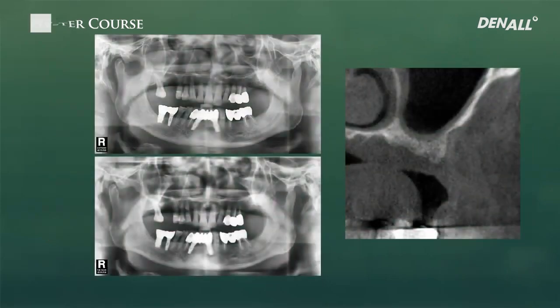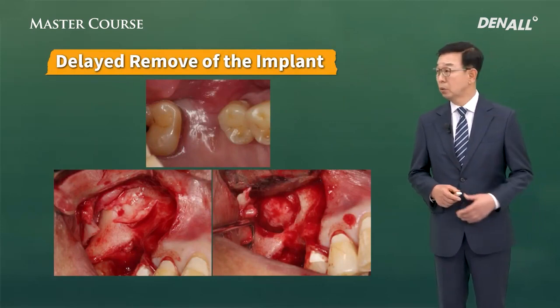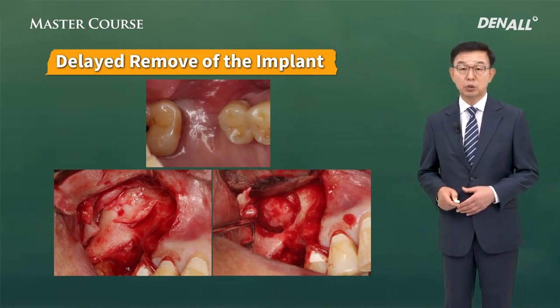Because there was severe inflammation, I just sutured the soft tissue. I waited sufficiently, for more than 3 months, so that the soft tissue within the sinus could heal completely. In this case, I waited for more than 4 months. After that, using the same method, the lateral window approach was done and the implant was placed.